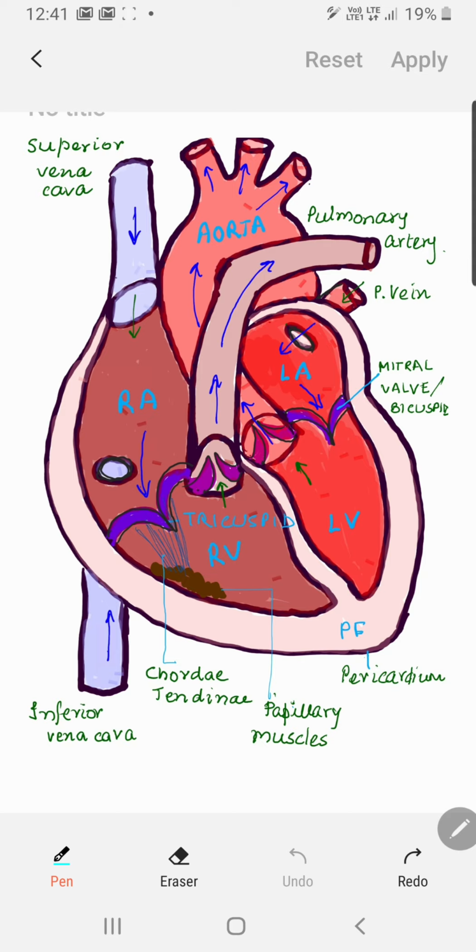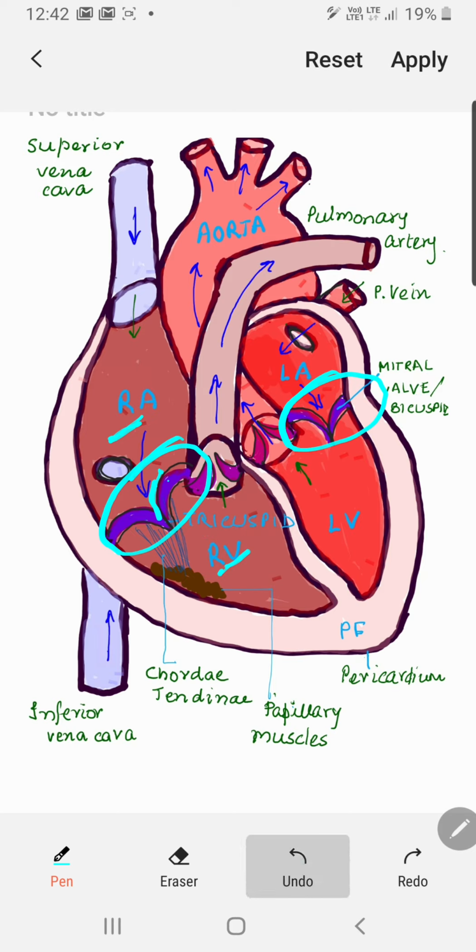Now you come to the valves. First of all, the valves between auricles and ventricles, valve number 1 and valve number 2. Three flaps should be here. So tricuspid, and the other one is the mitral valve or bicuspid valve, right?